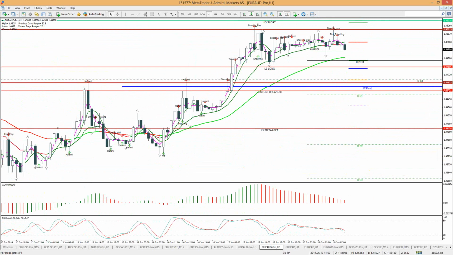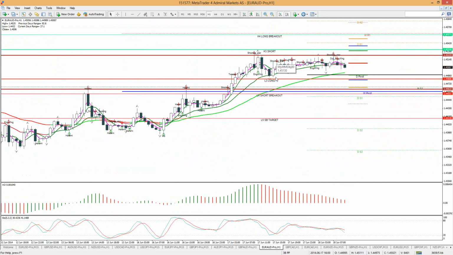So anything between H3 and L3 is kind of like the neutral part of the day, where price is still within range limits. If it's above or below the L3 and H3, it's getting more into a trending zone, especially if it goes below L4 or above H4. Then we're in breakout territory. The L5 and H5 are basically rough targets of that breakout.